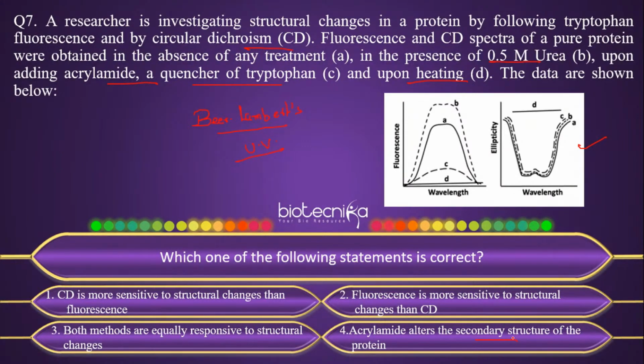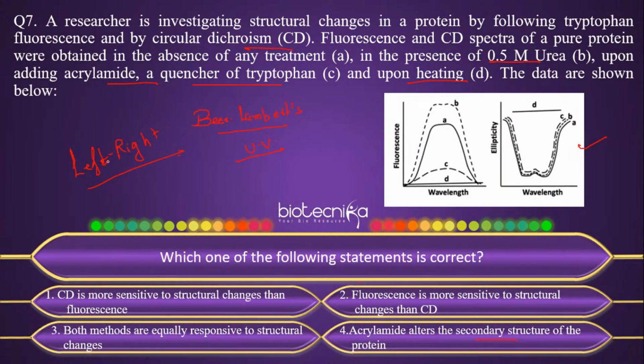Okay, it is based on differential absorption of left and right circularly polarized light. So this particular absorption of left and right circularly polarized light is the characteristic of the optically active chiral molecules.